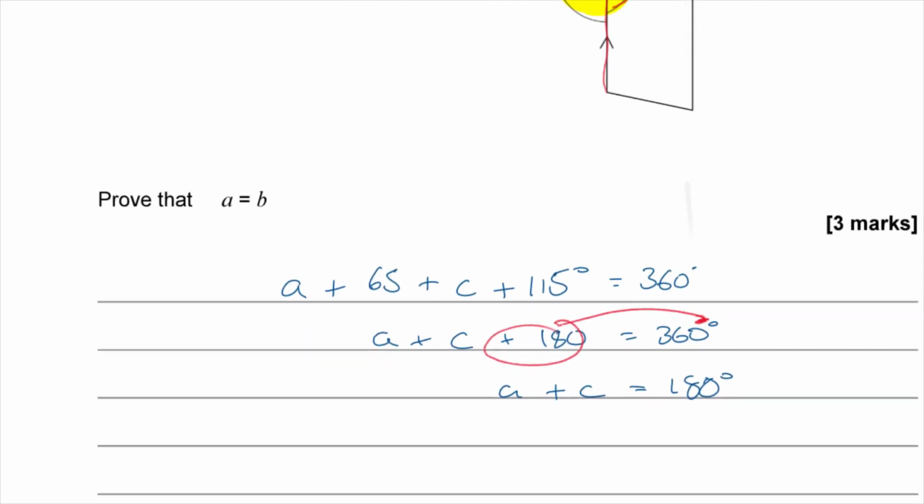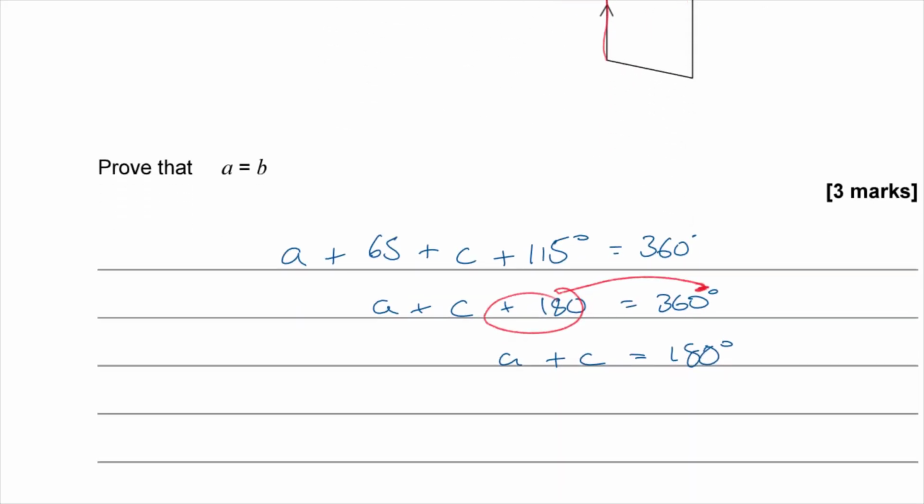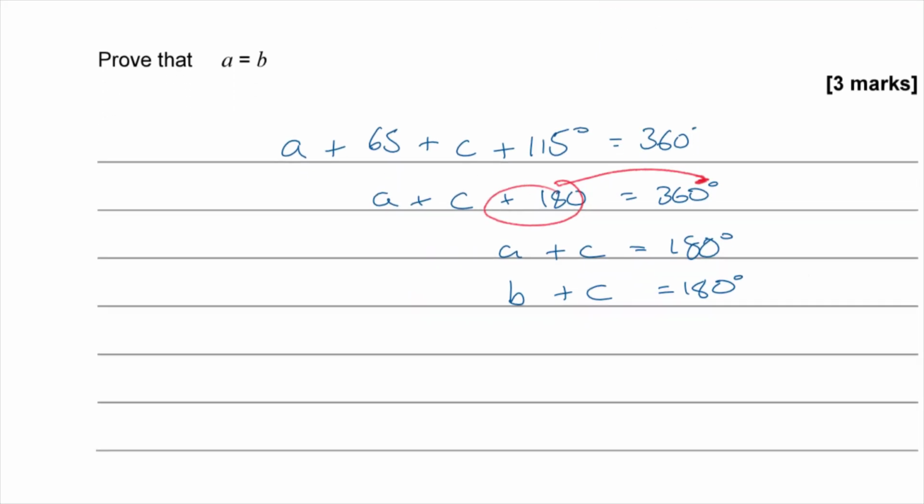So we know also that B plus C is equal to 180 degrees. Okay, now comparing those two things, if A plus C is equal to 180 degrees and B plus C is equal to 180 degrees, that means that A must be the same thing as B.